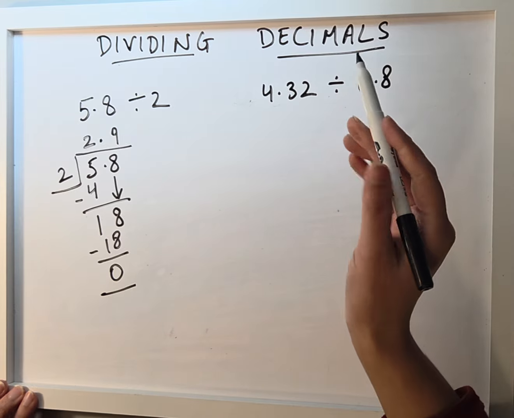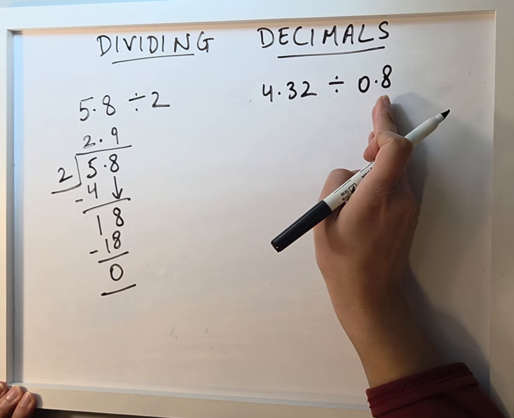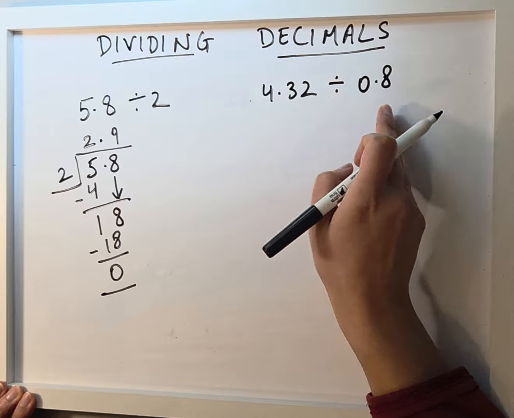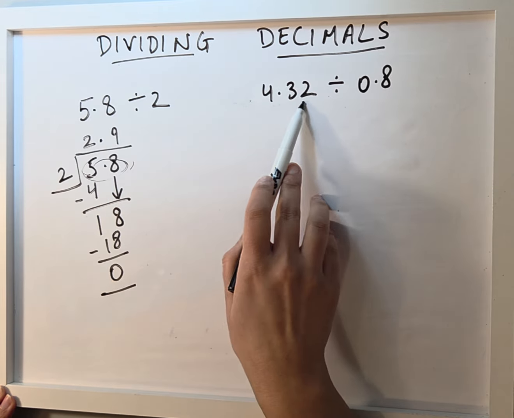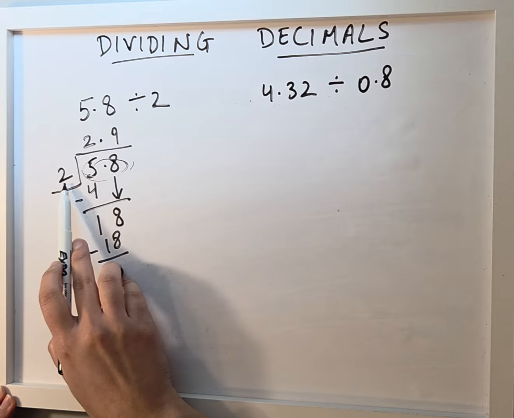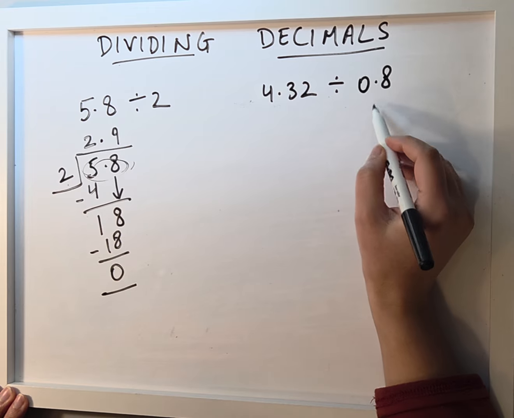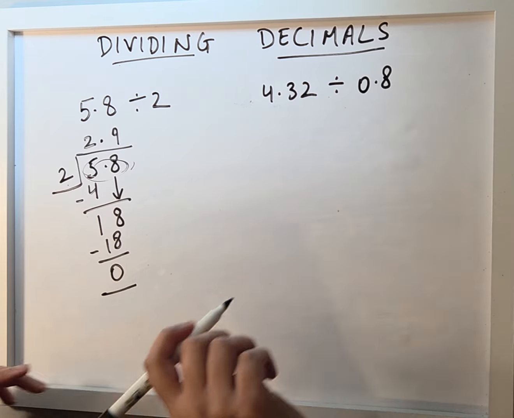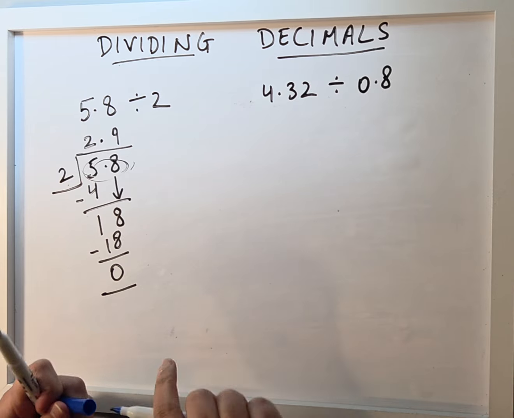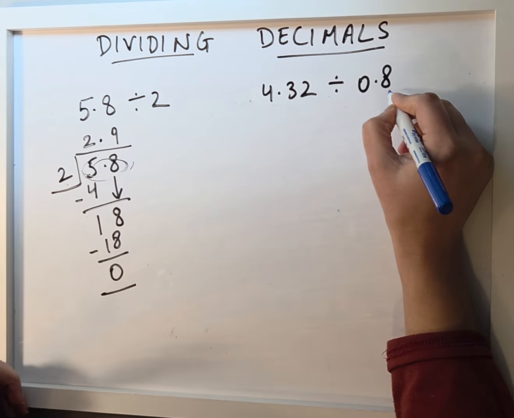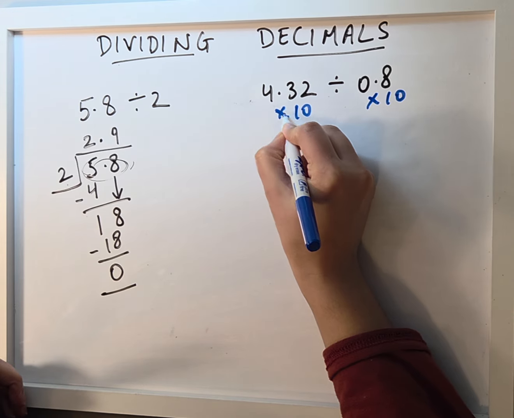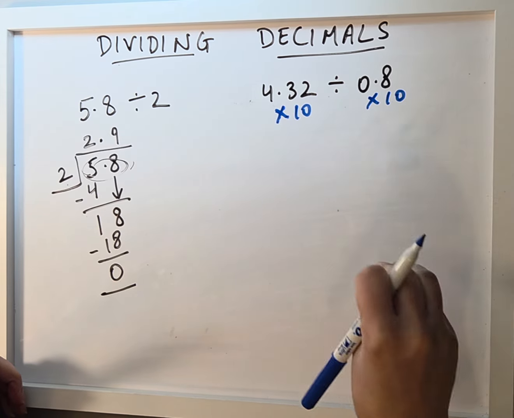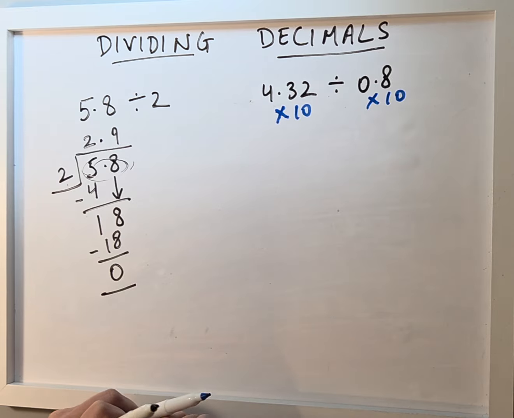So if we are doing something to the right side, we have to do it to the left side as well. Or we can say if we are doing something to the inside, the dividend, we have to do it to the divisor as well. So now to make this a whole number, we will multiply it by 10. So we multiply this by 10 and we multiply this by 10. We are multiplying the whole equation by 10.